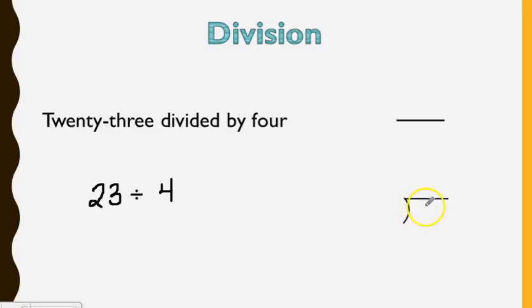Now I'm going to come over here and I'm going to do it backwards. 23 divided by 4. Now for the fraction. Remember, from top to bottom. 23 divided by 4. Wonderful. Hopefully yours look like that too. If not, then you'll need to practice that.